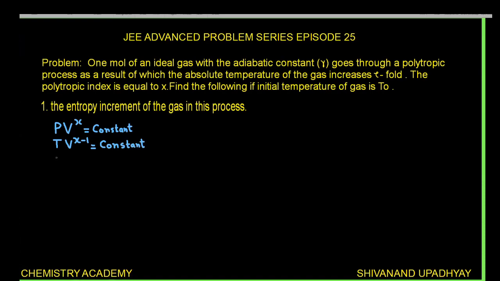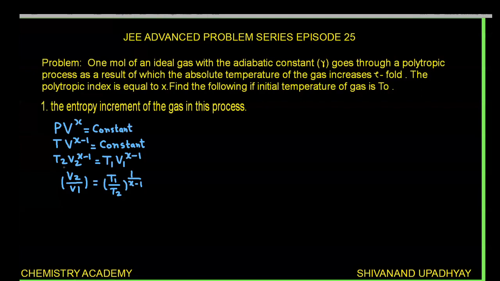Now we can write that T2 V2 to the power X minus 1 is equal to T1 V1 to the power X minus 1. From here, the value of V2 upon V1 is equal to T1 upon T2 to the power 1 upon X minus 1.